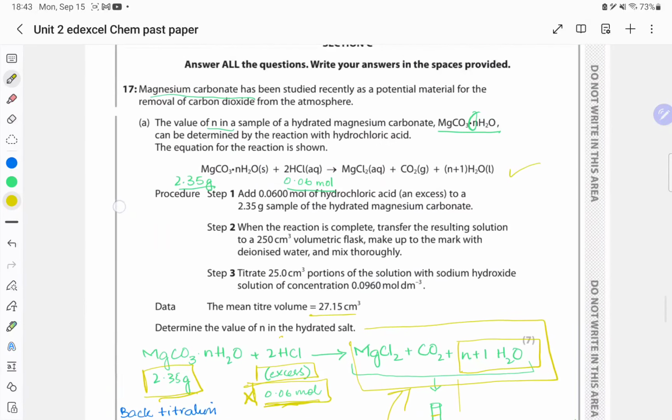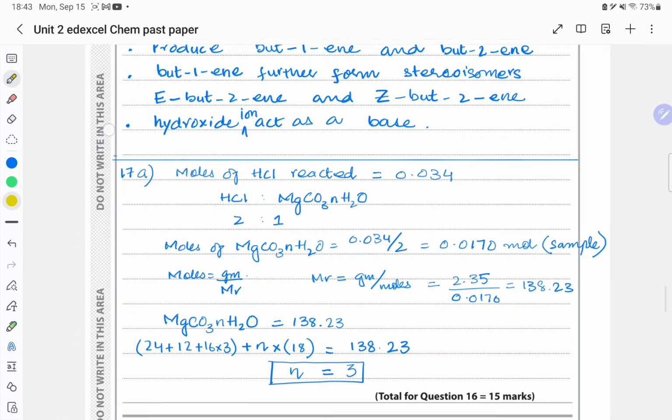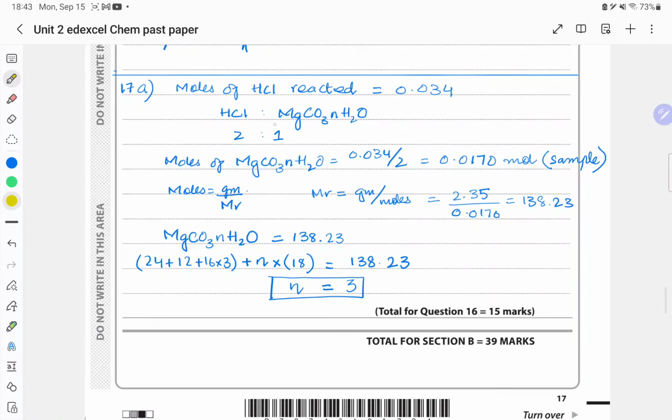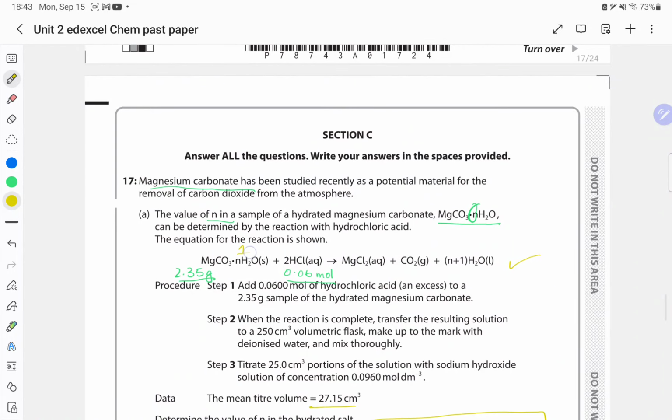Now, because there's a lack of space, I've continued the question over here. Once we have got the moles of HCl reacted, that is 0.034, you're going to compare the mole ratio of this and this. So it's 1:2.